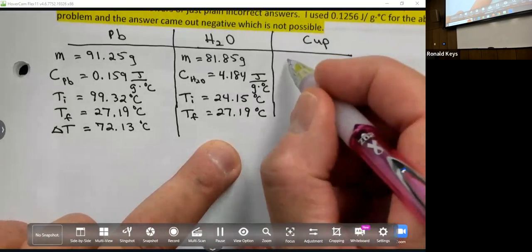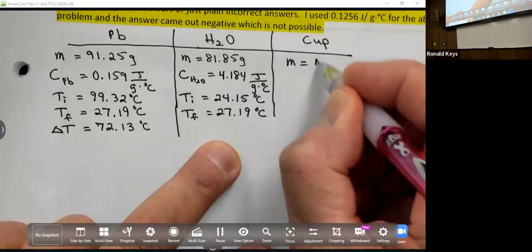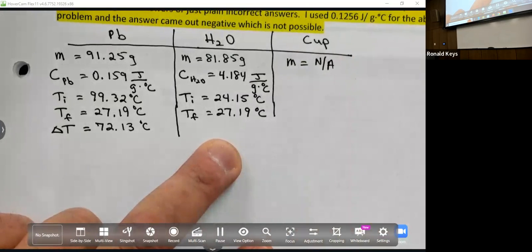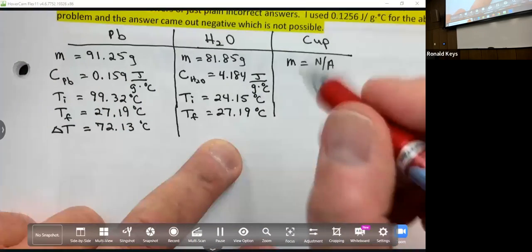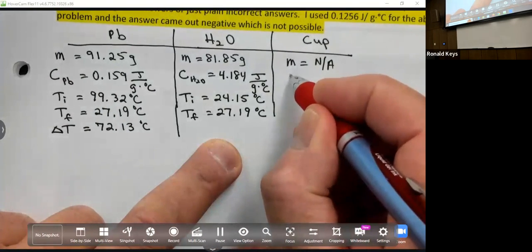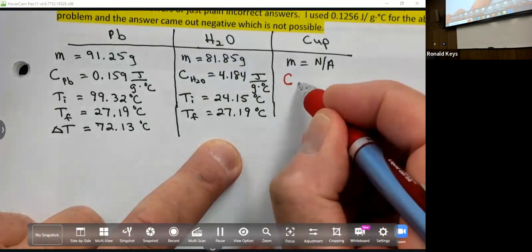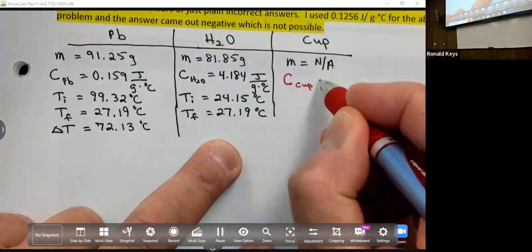So let's go up here. My mass. We don't need this mass. You're looking for the calorimetry constant of the cup. We'll call it C cup.